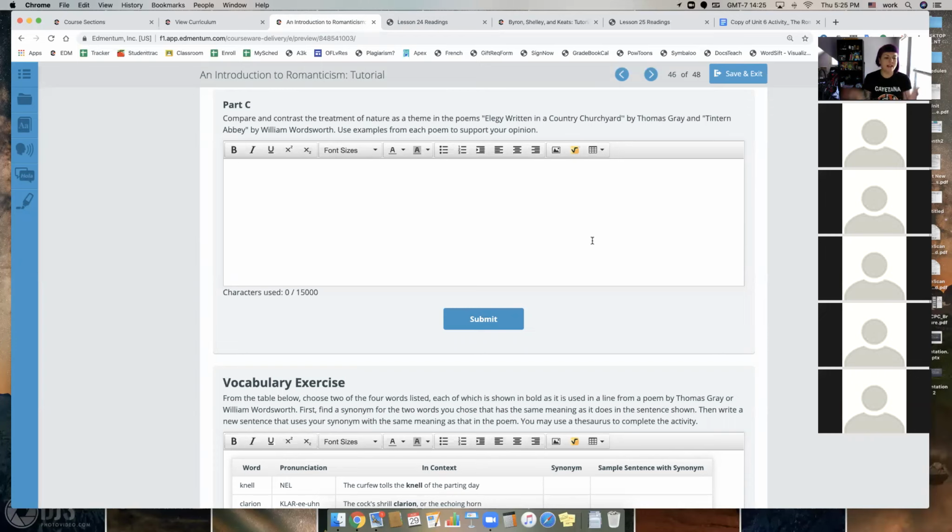So it's sort of like that opposite. In Elegy Written in a Country Churchyard, it's a little bit more about life getting wasted and ultimately that death. So just sort of interesting.